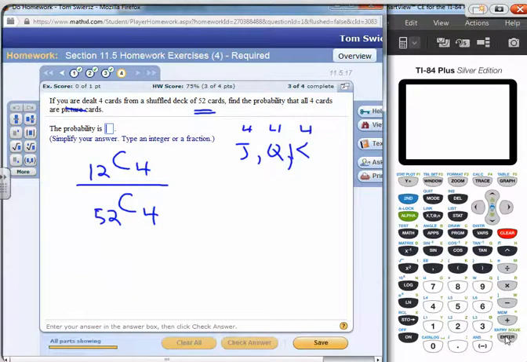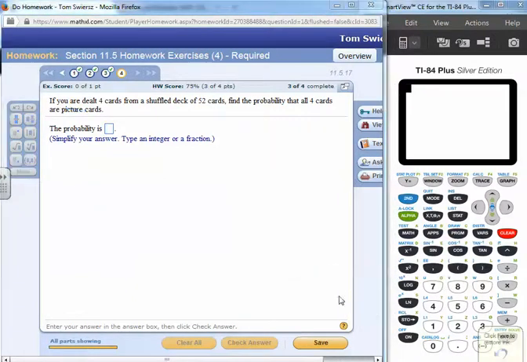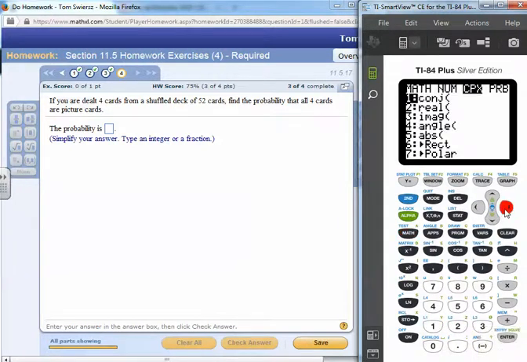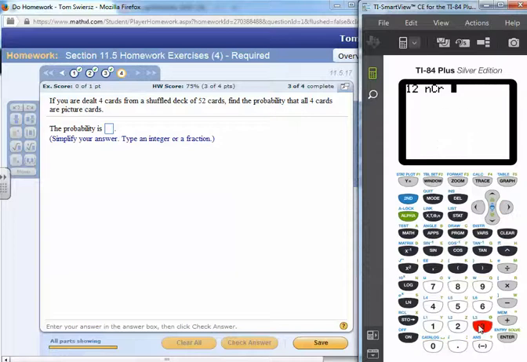Okay, so we can do both of those on the calculator to get the actual values. So we'll do 12, math, over to combinations. 12C4 gives us 495 for the numerator. 52, math, and then over to probability, combinations.